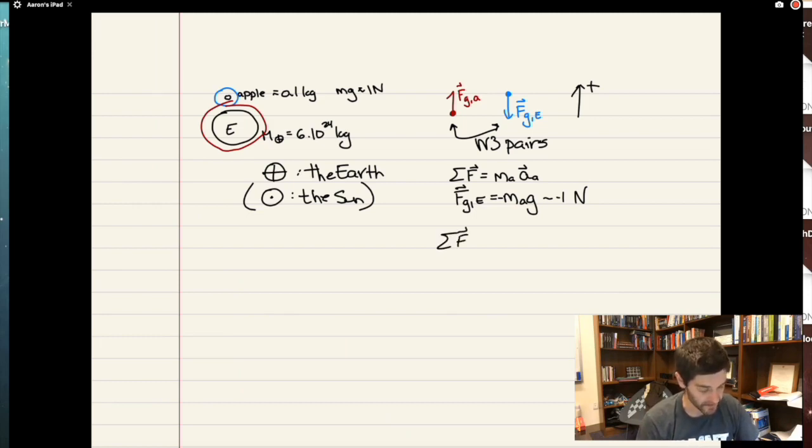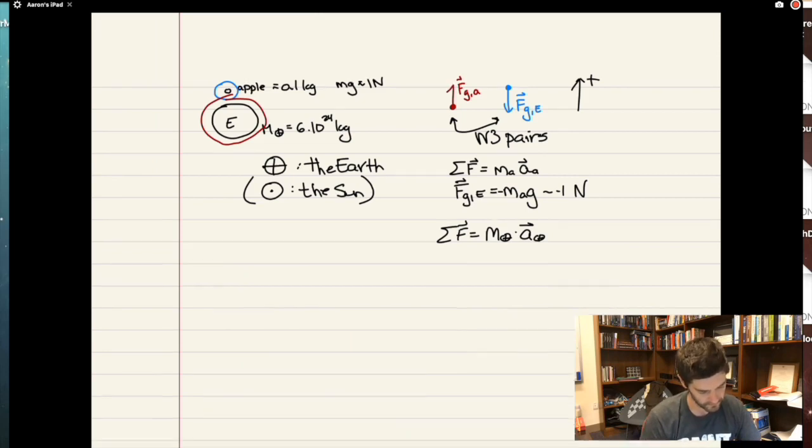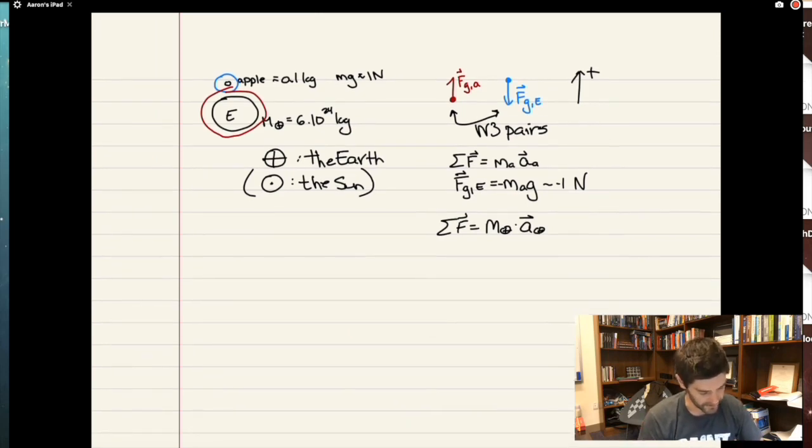Now I can do the sum of the forces on the Earth equals the mass of the Earth times the acceleration of the Earth. The sum of the forces on the Earth, the force of gravity from the apple, equals the mass of the Earth times the acceleration of the Earth.